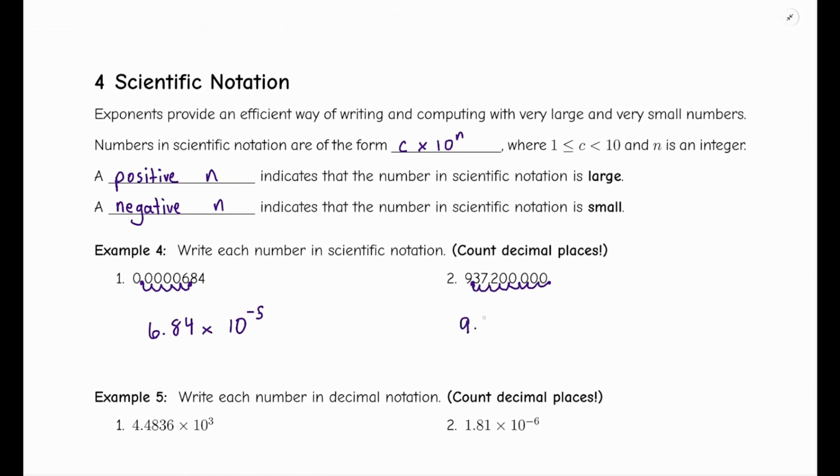So this becomes 9.372. And now this is the benefit of using scientific notation. I don't have to write all those zeros out. I just have to write 9.372 times 10 to the 8th. And again, is it negative or positive? Well, since 937 million is a large number, it is going to be positive.